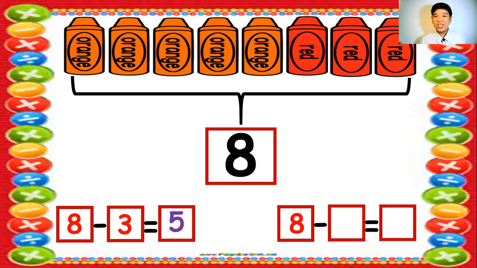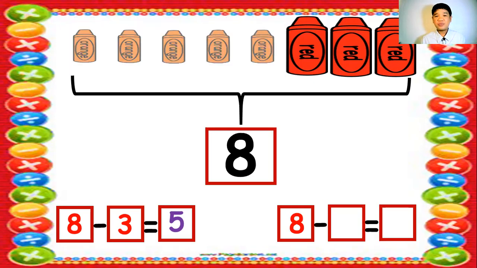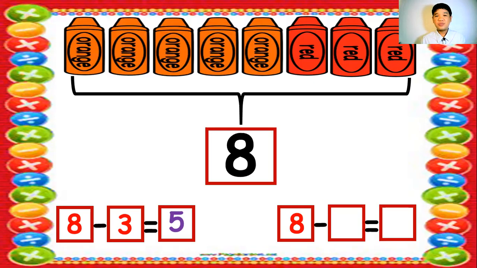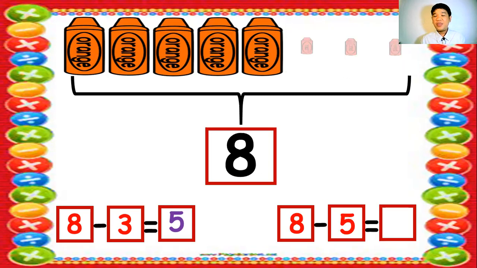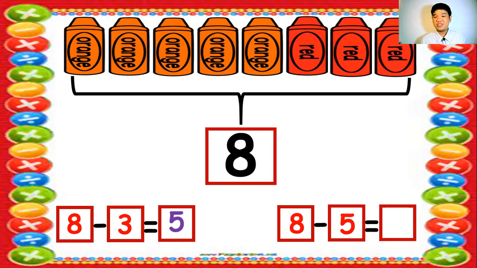Since I am looking for the red crayons, we have to write here the 5. And that is equal to 3 red crayons. So 8 is our minuend, 5 is our subtrahend, and 3 is our difference.